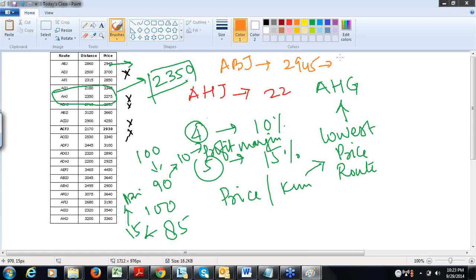It includes a margin of 10% for the company. So its actual price will be 2945 divided by 1.1. That is why we are dividing by 1.1. Got it everybody? It's the same thing, cost price and selling price. The selling price is 2945, the cost price is less than that, and it contains a 10% profit margin. Okay, let us move on.